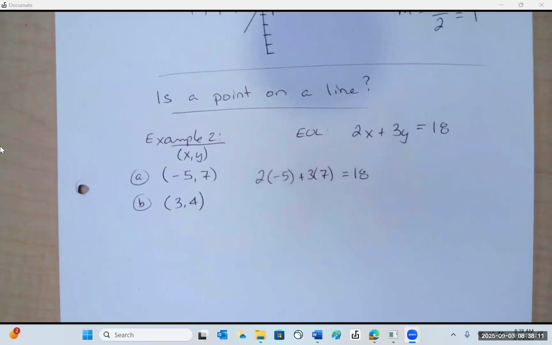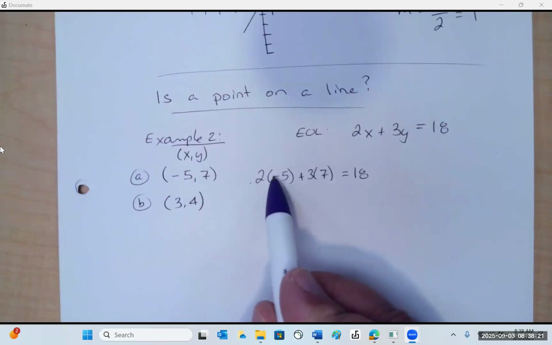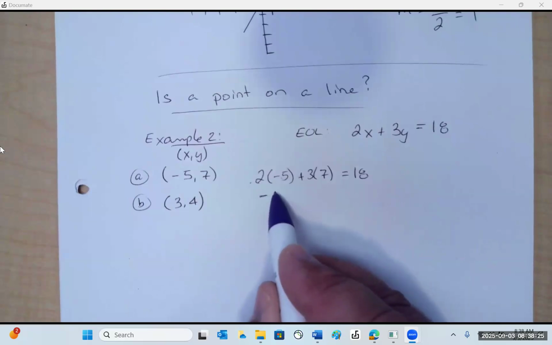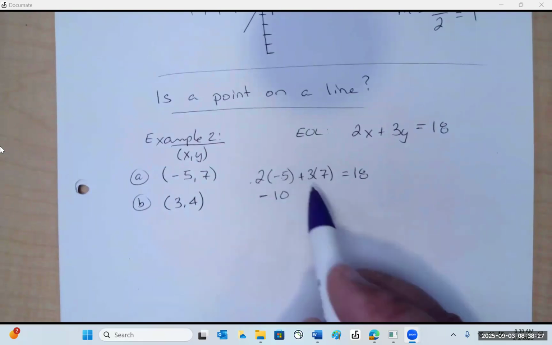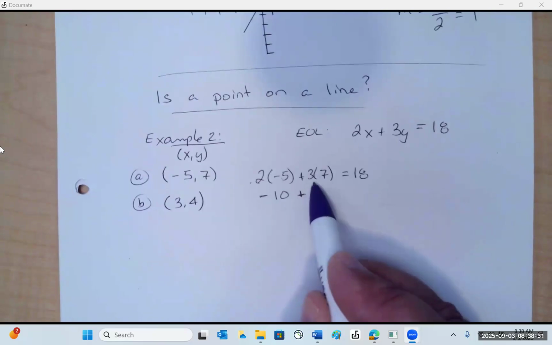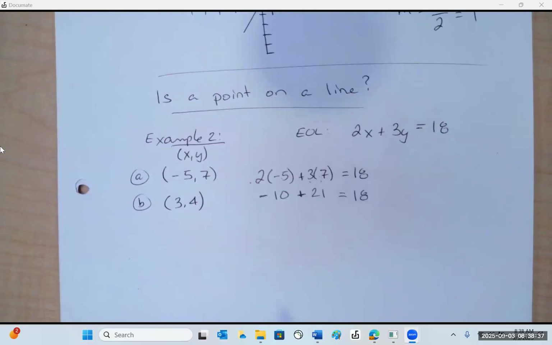So now, remember I said last time, treat the signs and the numbers separately. Positive times negative is what? Negative. 2 times 5, 10. Positive times positive, positive. 3 times 7, so -10 plus 21.